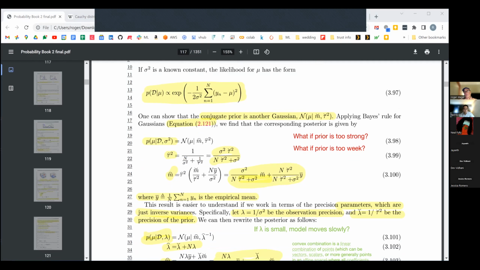That's a very common assumption in a lot of regression models as well. And Gaussian processes, if you caught Ravine's Gaussian process webinar.